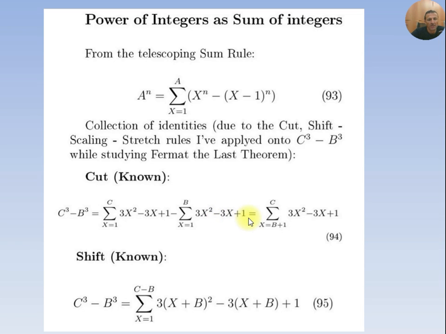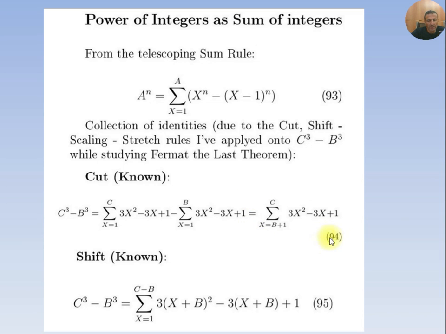And remember the cutting rule, how to remove a little sum from a bigger one having the same terms. It is equal to the sum of x equal to b plus 1 to c of 3x squared minus 3x plus 1. And on this one we can apply what is known as the shift rule.